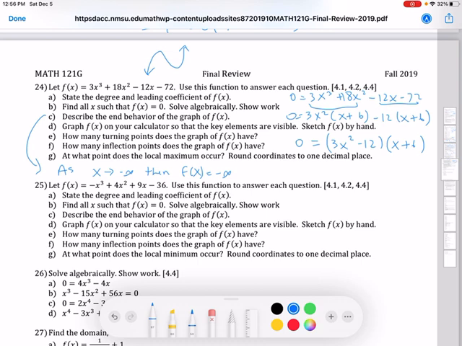They go down. Now let's go to the right. So what's happening on the right side of the graph? As x is going to the right to positive infinity, the y's are going up to positive infinity. Okay, that's describing the end behavior.